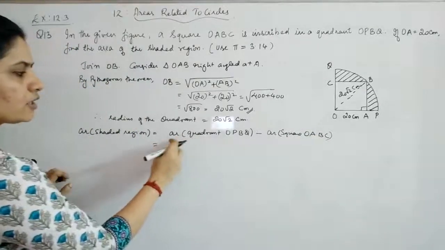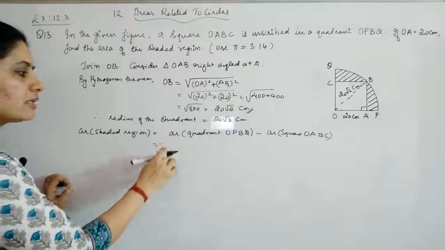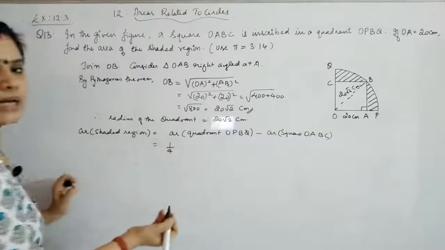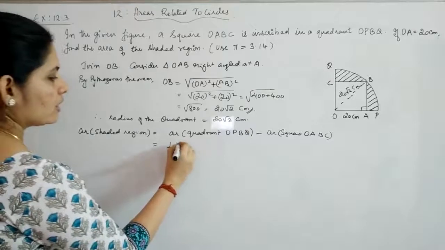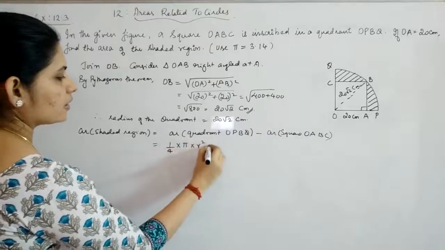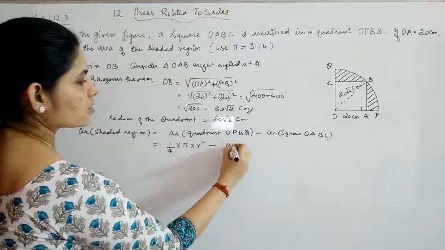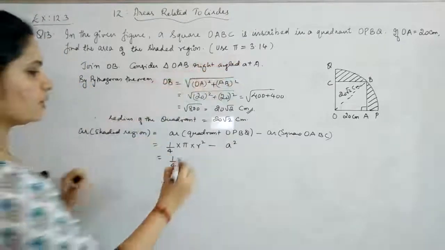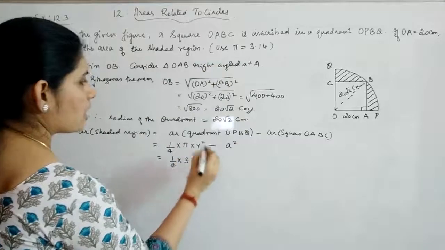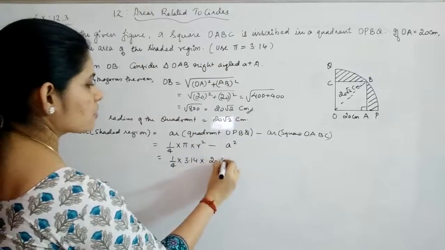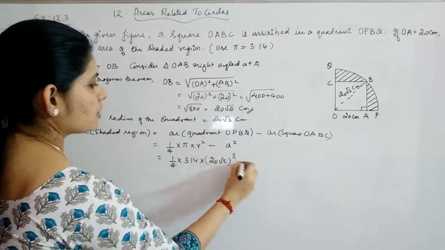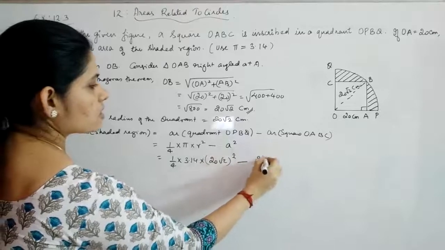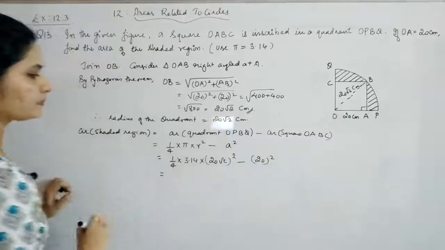Now, what is the area of the quadrant? Theta is 90 degrees, so 90 by 360 will give you 1 by 4, pi r square. So 1 by 4 into pi r square minus a square. Pi has to be used as 3.14, r is 20 root 2 the whole square minus a square, which is 20 square.